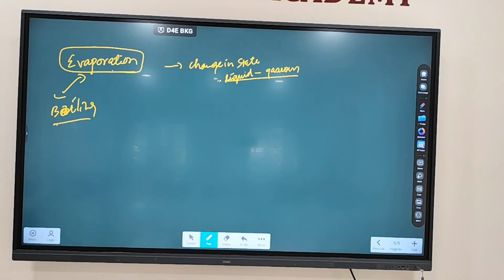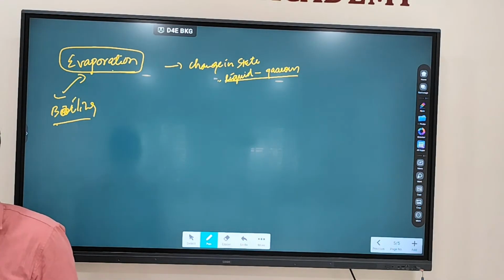Evaporation is done by sun heat. Okay. Well, can't sun heat lead to boiling? You have a solar cooker, no? Boiling will take place in the solar cooker, and evaporation will take place above the surface.